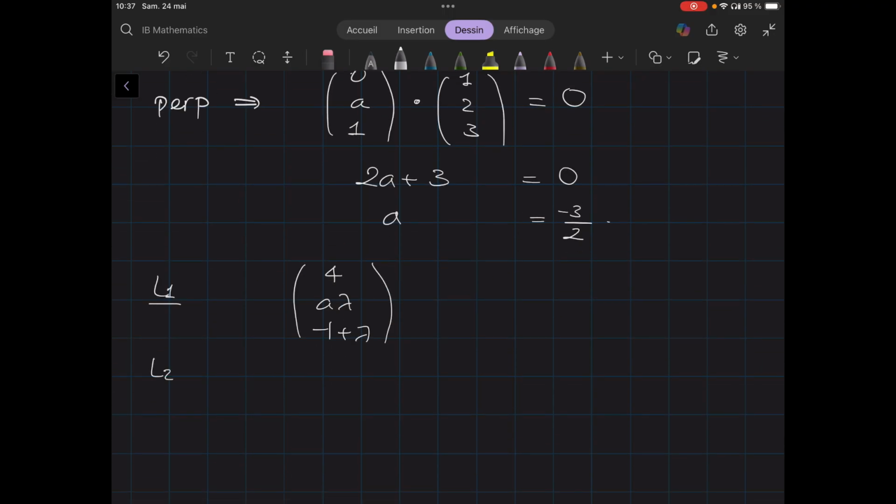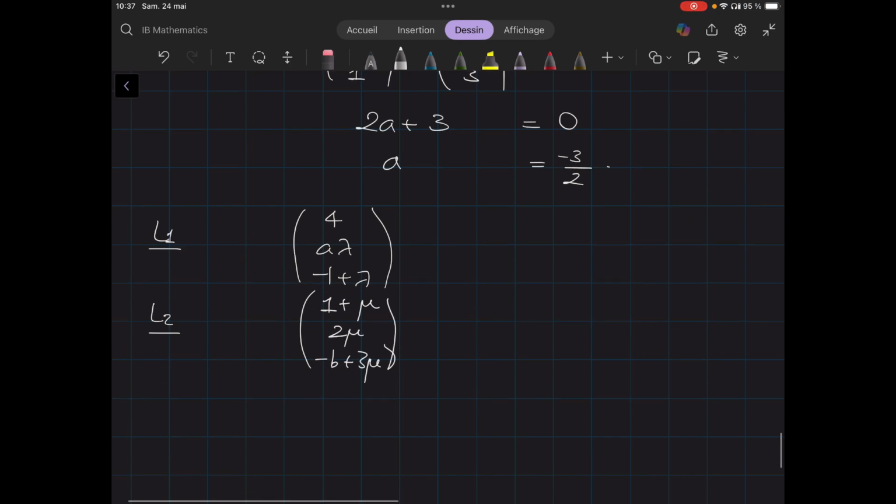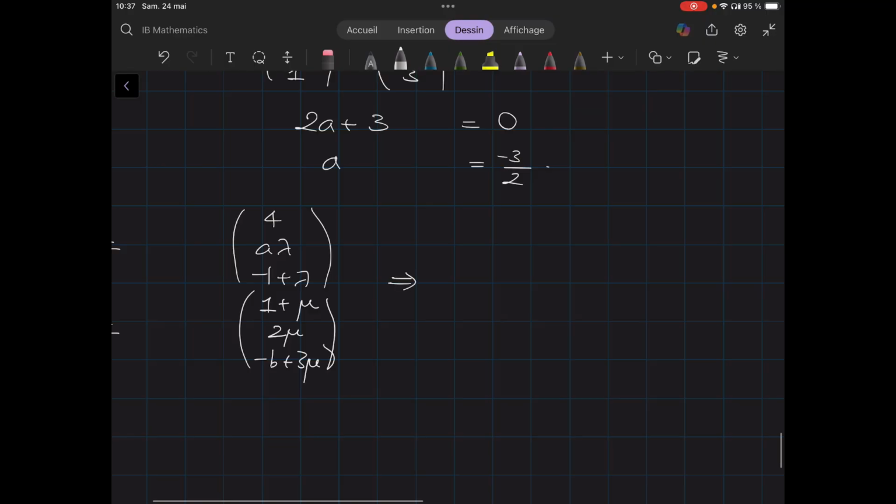Any point on line L2 will have coordinates 1 plus mu, 2 mu, and -b plus 3 mu. They intersect when the x, y, and z coordinates are equal. In other words, this has to be true.